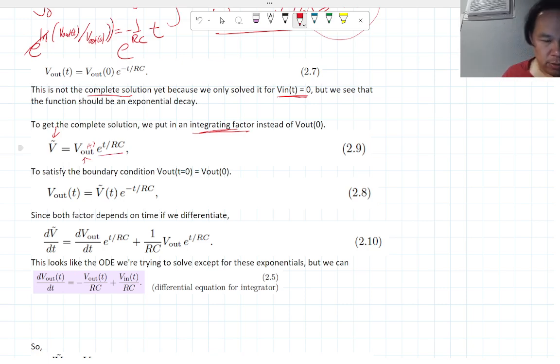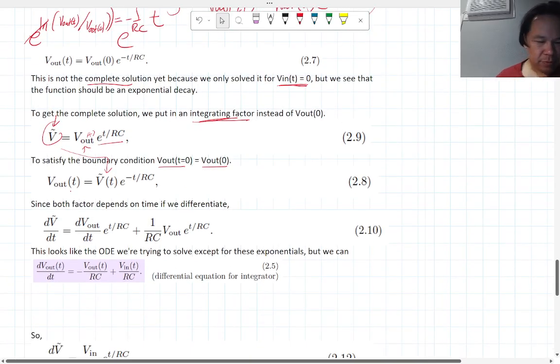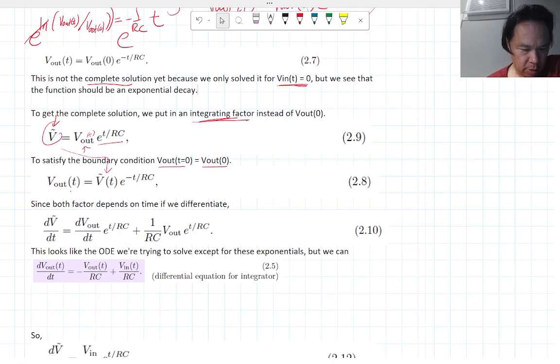In order to satisfy the boundary condition that V out at t equals 0 equals V0, we're going to have V out as a function of time multiplied by this factor, e to the t over RC, which is the inverse of what we had previously. Since both factors depend on time, if we differentiate this V tilde function, we're going to end up with two terms.